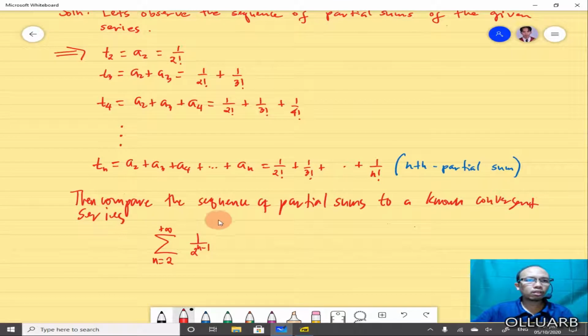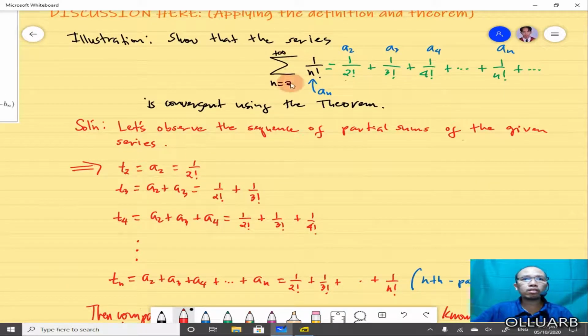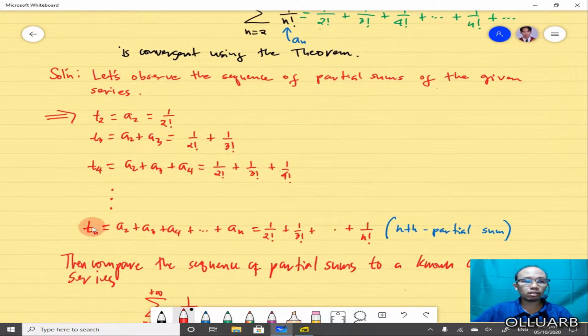Why does our n start from 2? As you can see, our n starts from 2. So that's basically what happened.